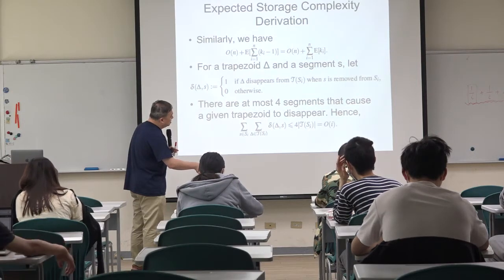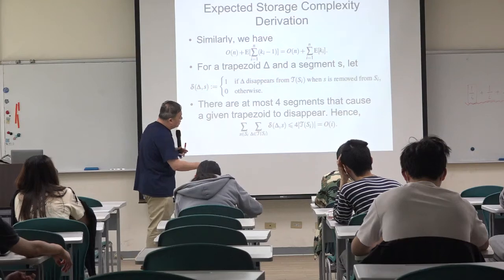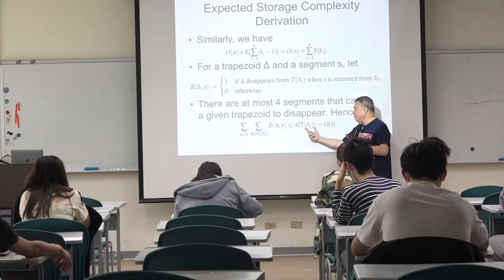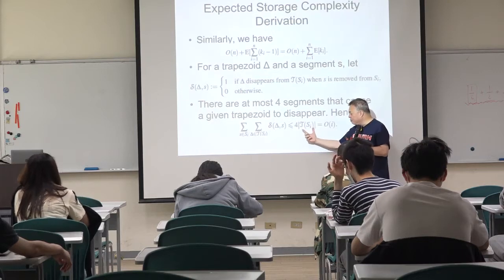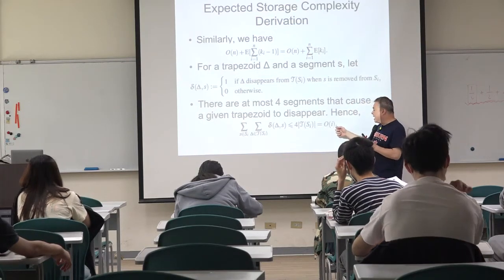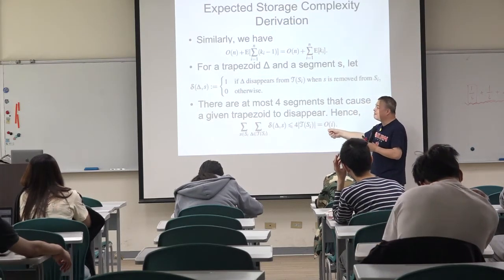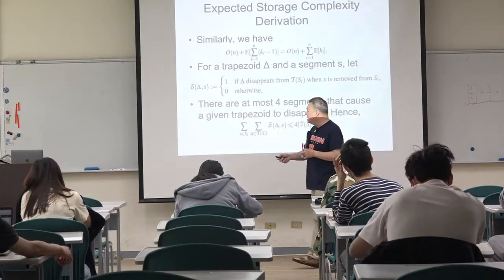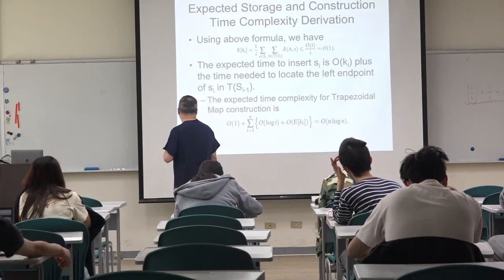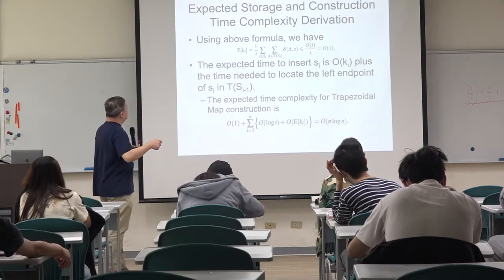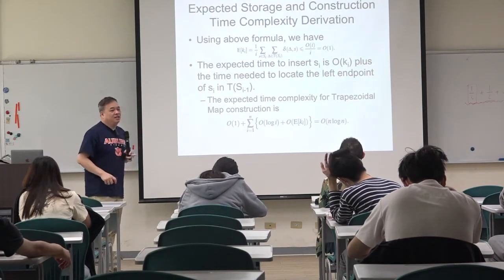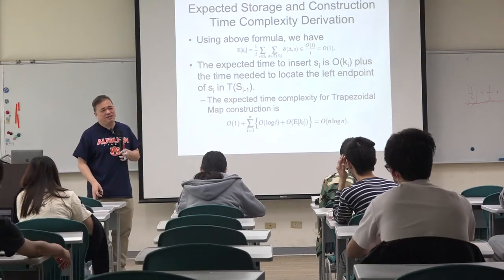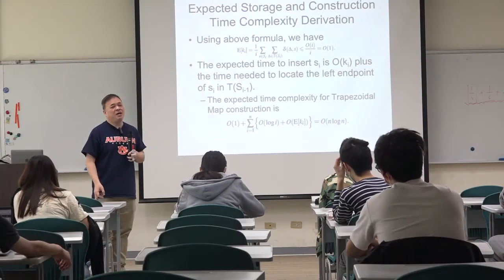We have I segments, so the number of trapezoids at this moment is linear in I, so it's big O of I. Then again, if you are in the mathematics department, please don't beat me up.